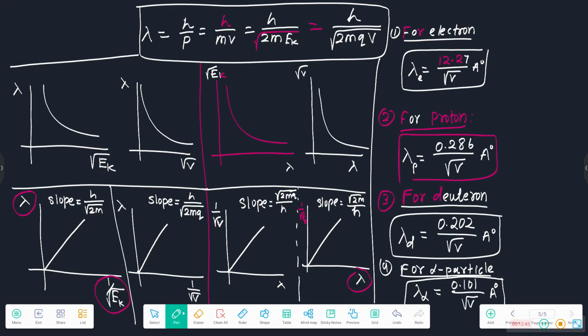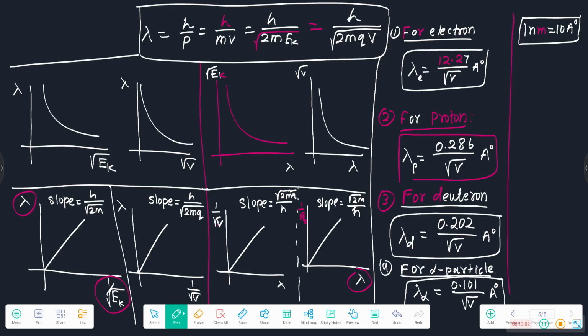And along with that, what you remember: 1 nanometer is 10 angstrom. If you want to convert to nanometer, you convert; if you want to convert to angstrom, you convert. So this relation you remember.